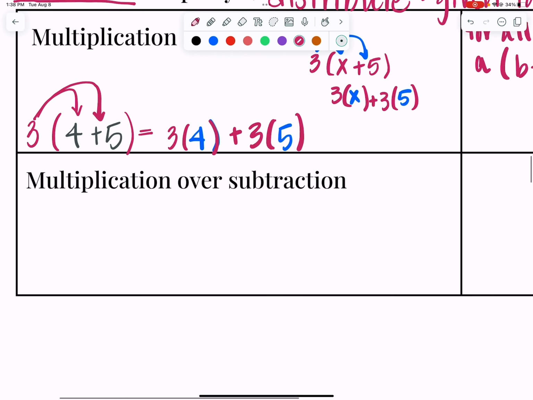Subtraction is almost exactly the same. The only difference is the symbol. So if we do 3 times 4 minus 5, this is exactly the same as 3 times 4. So we give it to the first kid.